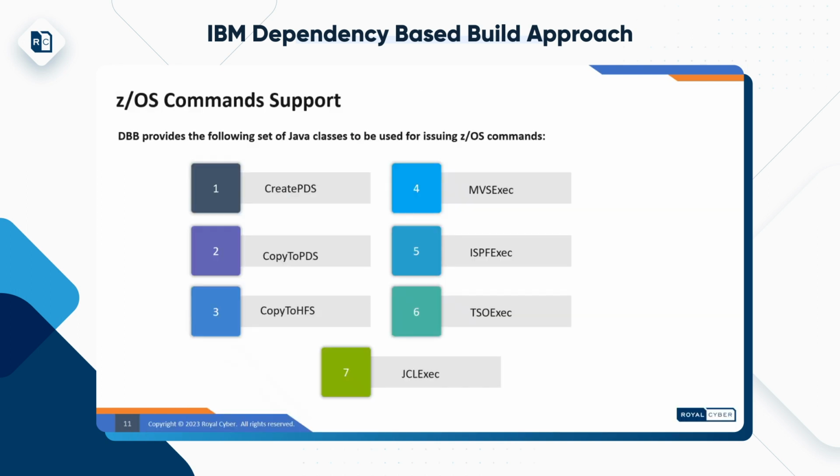Now, how is this Groovy going to support us for our compilation? The primary responsibility of your DBB is to build your application, which is nothing but your compile or link edit. So how is it going to support our compile and link edit? You can recall your compilation part of it.